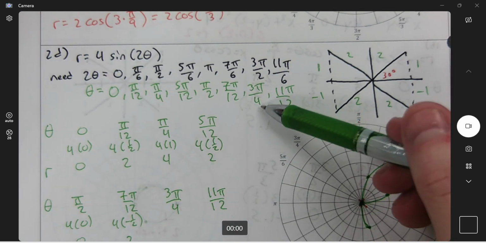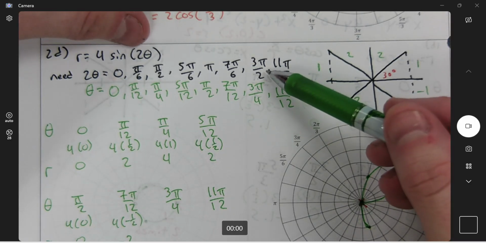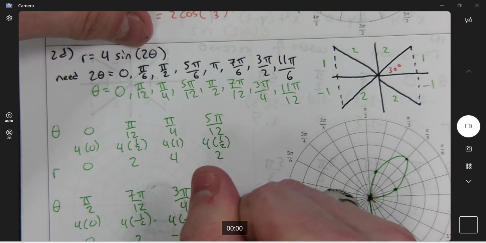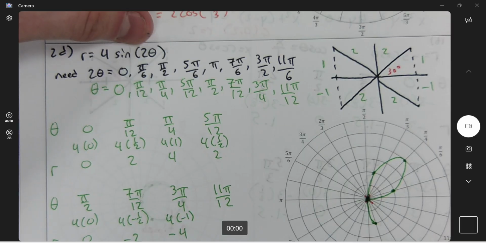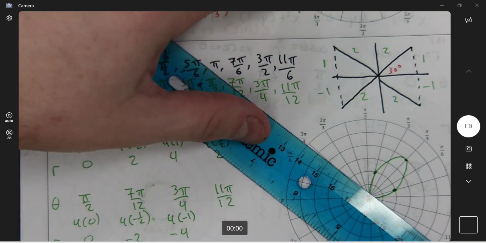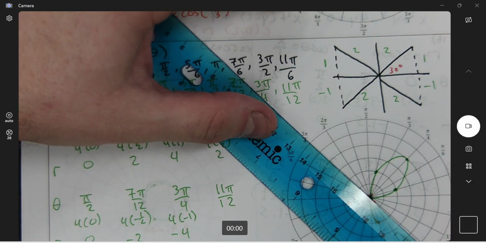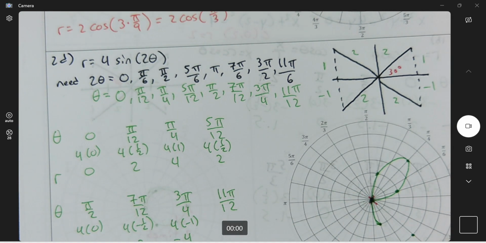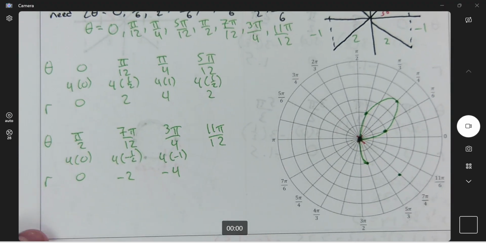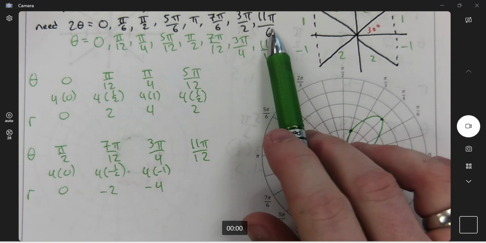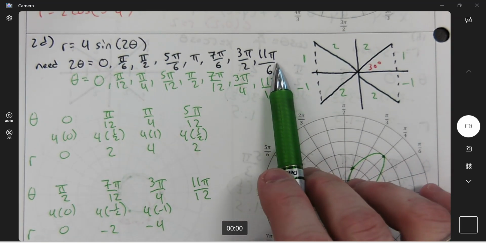3 pi over 4 forces sine to evaluate at 3 pi over 2. Sine there is negative 1. 3 pi over 4 negative radius reflects to there, and it's on the 4th ring. 1, 2, 3, 4. So we are still moving in a counterclockwise motion. And then the 11 pi over 12 forces my sine to evaluate at 11 pi over 6.